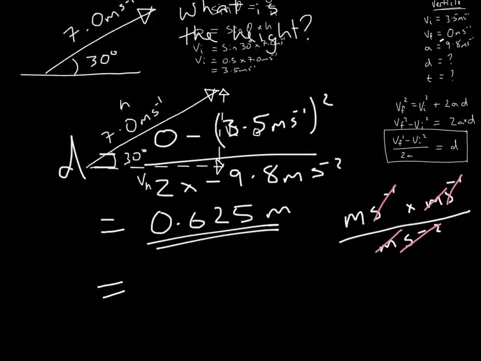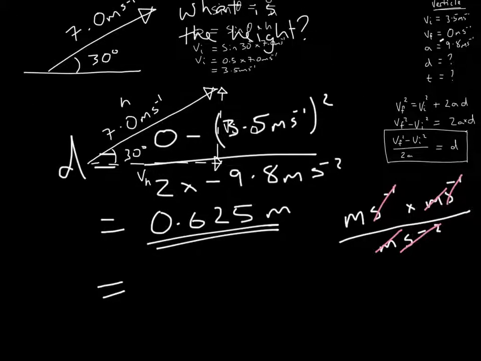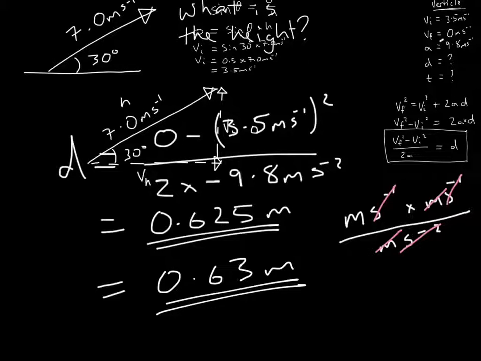Notice that this one here is given to 2 significant figures, and that's given to 2 significant figures. Because the data was given to us at 2 significant figures, we need to supply the answer in 2 significant figures. So here, 0.63 meters. Wunderbar. Fantastic. There we go. That's the answer. All done. Okay, and those are the steps.